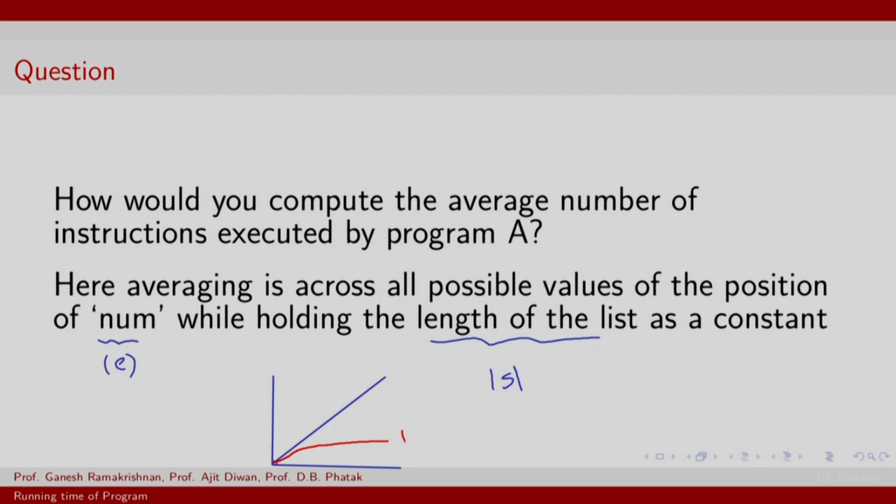We would like the binary search to operate like this, but we would like this to be evaluated or validated on a large number of possible sequences S with different positions of num in order to get the expected or the average performance of both algorithms.